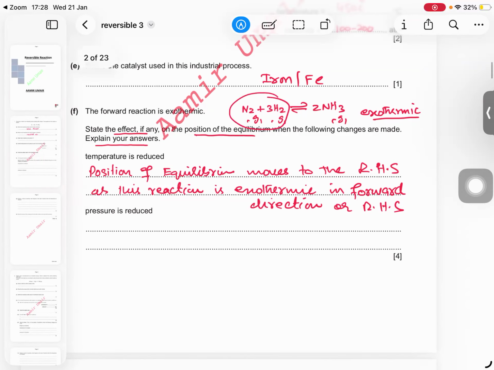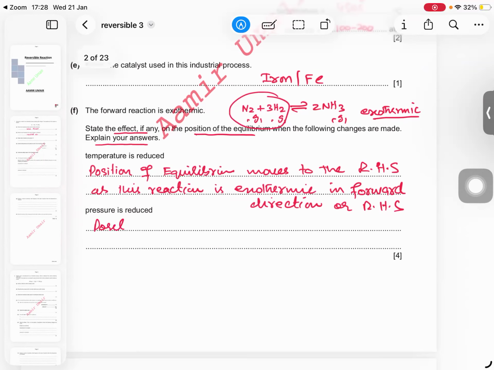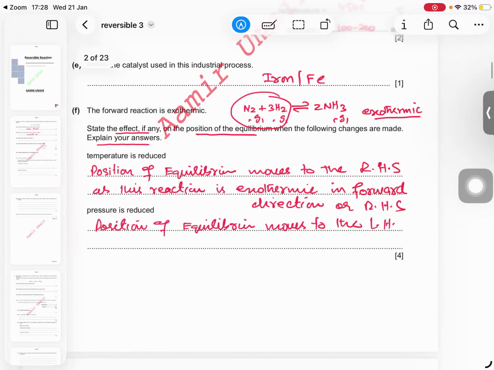So please write down: position of equilibrium moves to the left hand side. Why?